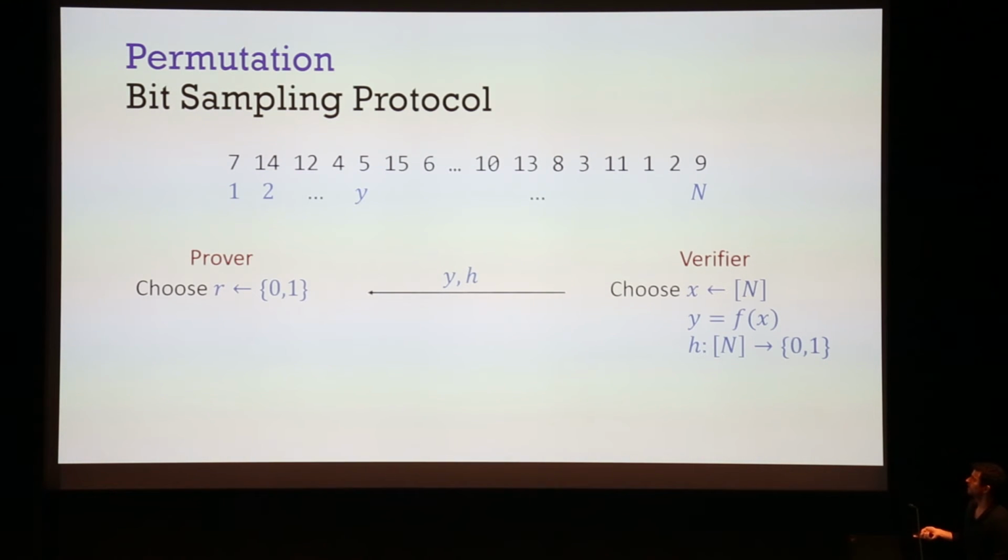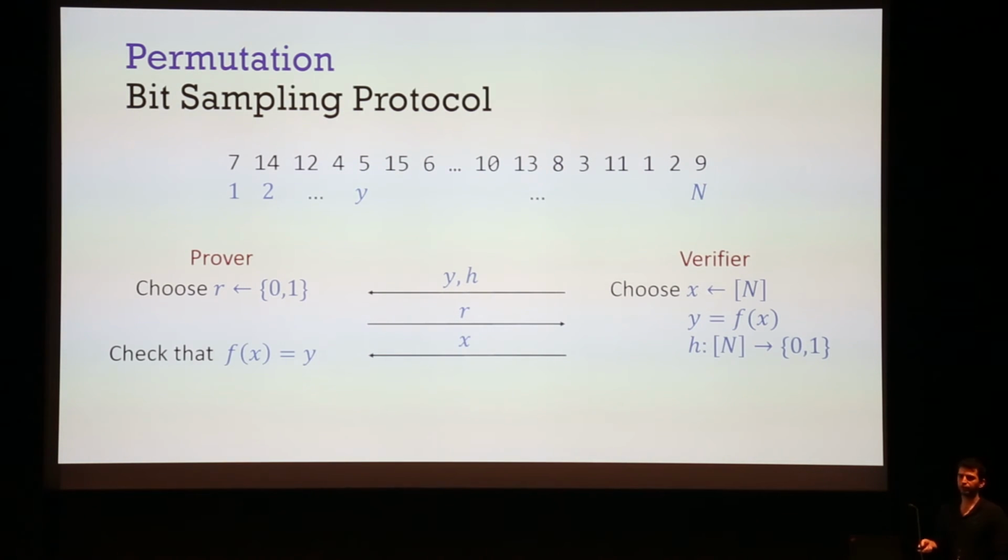The prover, after seeing y and h, chooses a random bit r and sends that to the verifier. Now the verifier reveals x to the prover, who checks that f of x is equal to y. And now they both agree on the XOR of r and the pairwise independent hash of x.